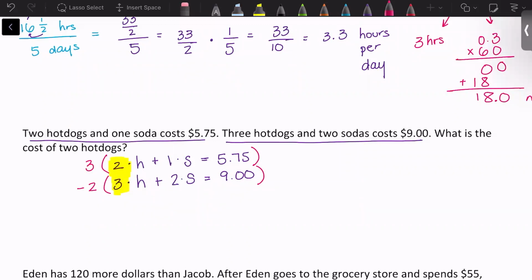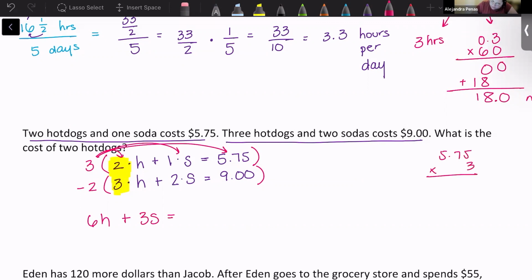Yes. Okay, so I'm going to first distribute at the top. So what I'm going to get at the top is a 6h plus 3s is equal to 5.75 times 3, which is 17.25.